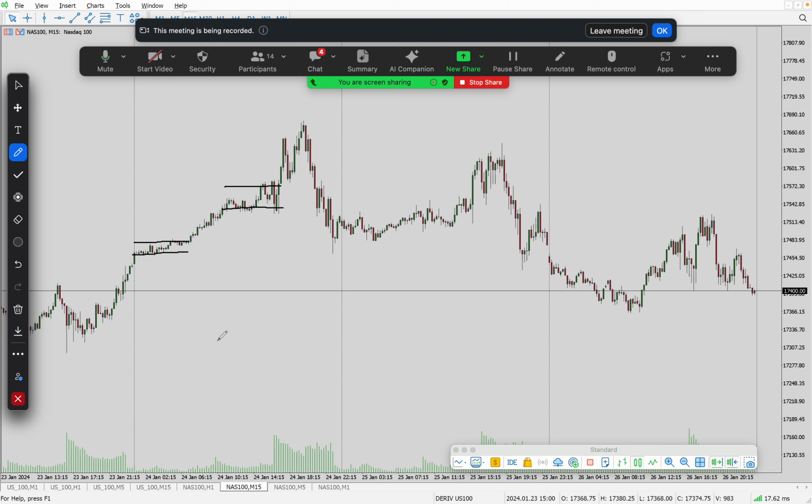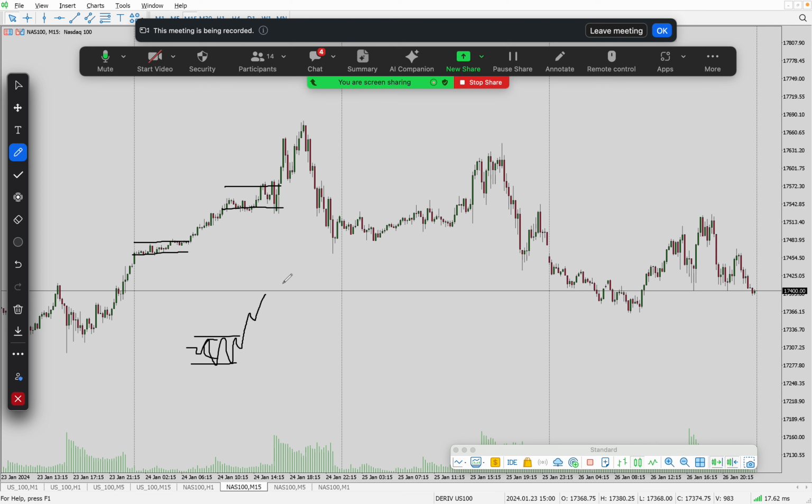So when price comes out of a consolidation, ideally the first move coming out of that consolidation is a false move. When you are looking for a sell, price will open, remain in a consolidation, and give us the false move.